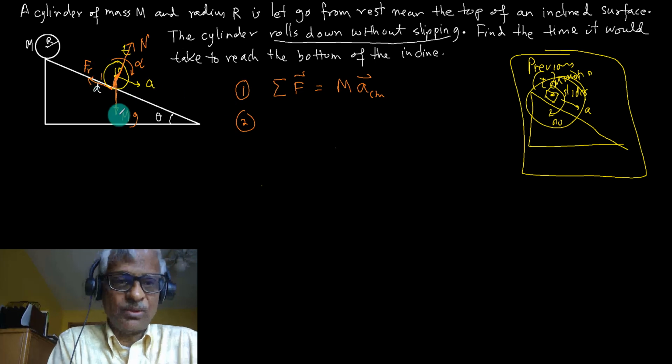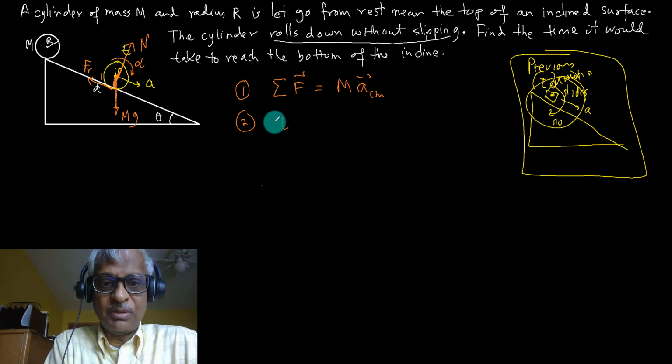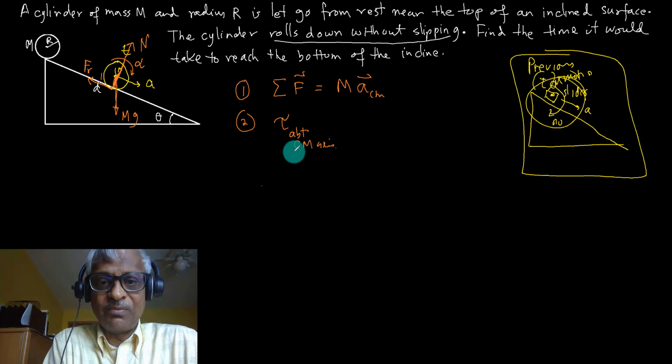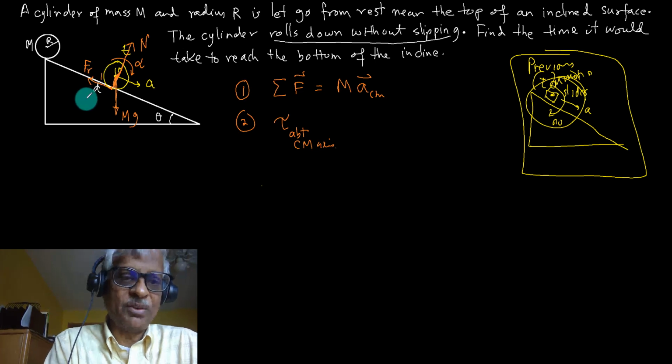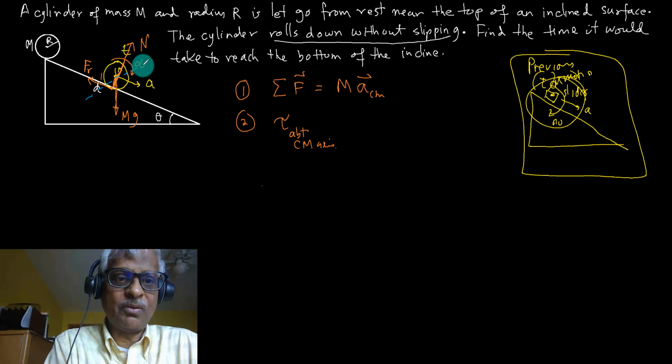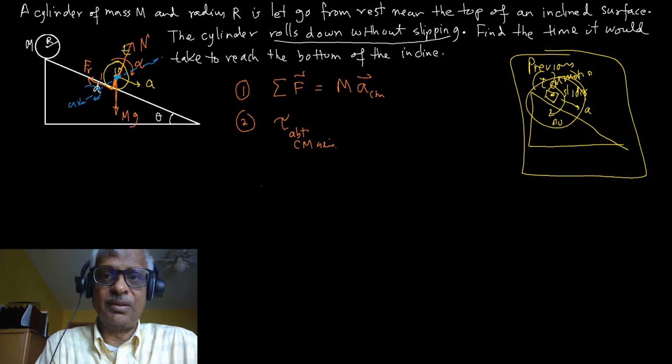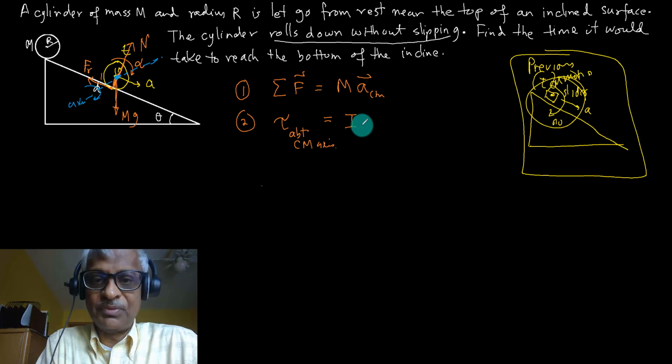For the rotation part it will be tau about the cm axis, the axis through cm, that's the axis that passes through cm, equal to I about that axis times alpha. And beware of the sign.